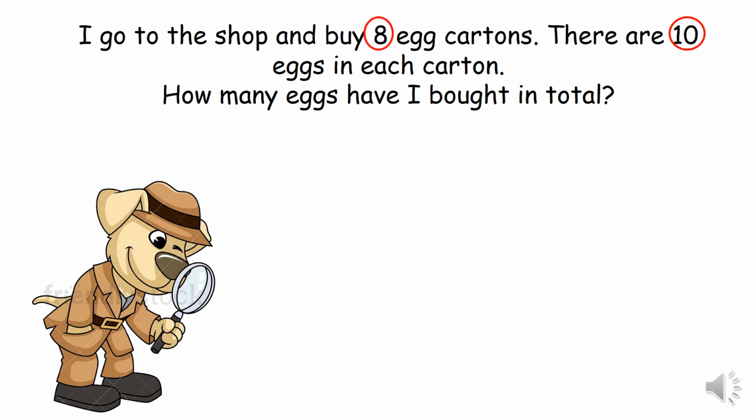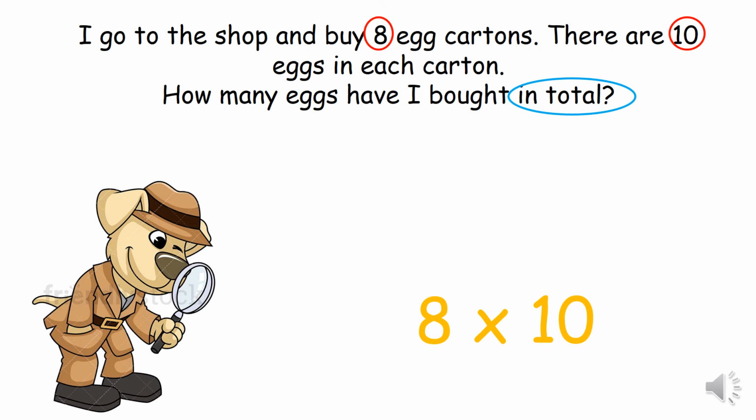Can you see any important words that might give us a clue? In total. So in total and all together, they tell us to do the same thing, just like in addition, but remember we're combining groups today. Do you know what our number sentence will be? 8 times 10, because we're buying 8 egg cartons and there are 10 eggs in each carton.